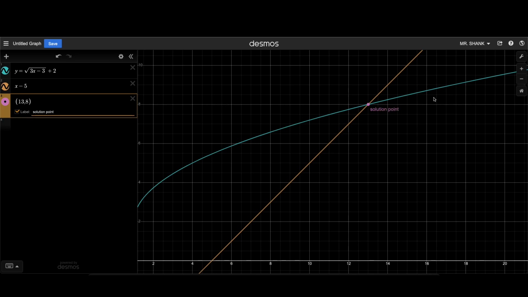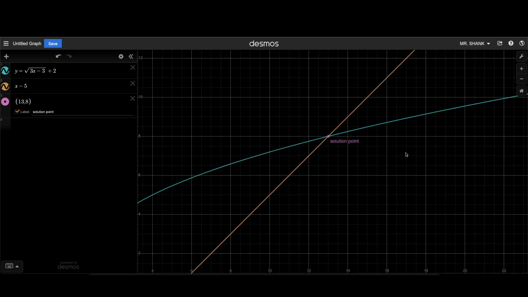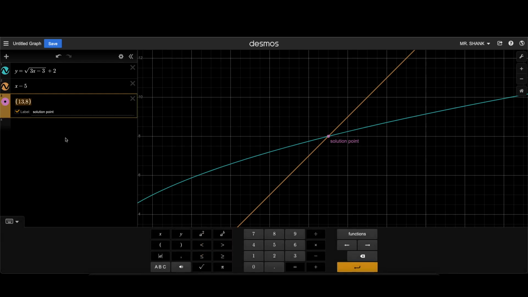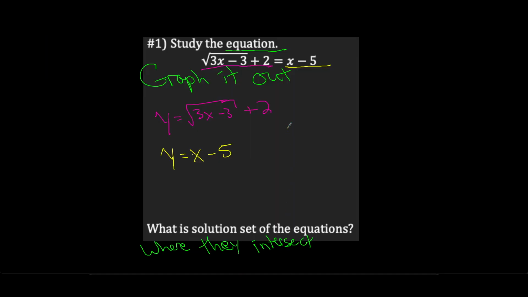Again, if there are multiple points where they intersect, you want to make sure you're looking for those as well. But for this one, we can just say we have one solution point at the ordered pair 13, 8. So let me write that down: solution at 13, 8.